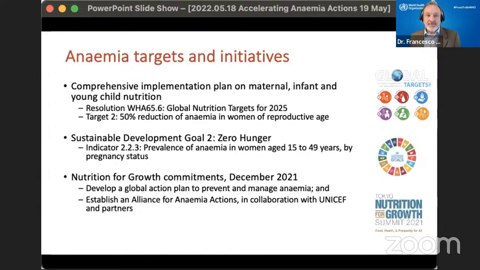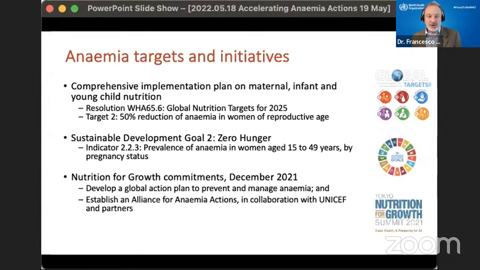Lately, the prevalence of anemia in women of reproductive age was also adopted as an indicator under the Sustainable Development Goal 2 on zero hunger, giving another dimension of the objective to really reduce all forms of malnutrition. So as Dr. Yamamoto was saying in her introduction, WHO, together with UNICEF, made an important commitment at Nutrition for Growth.